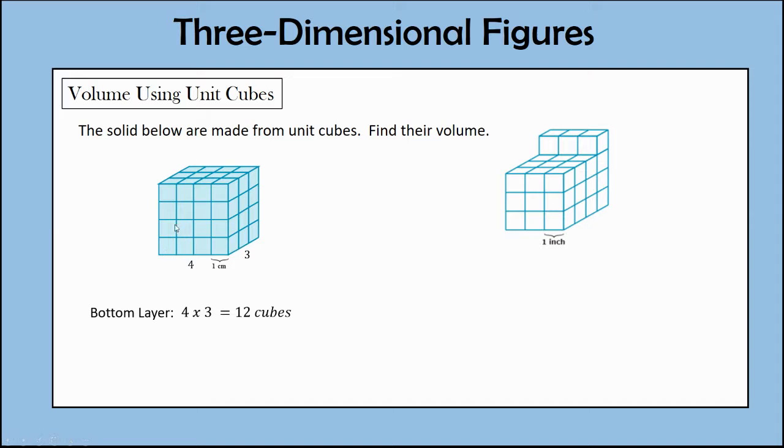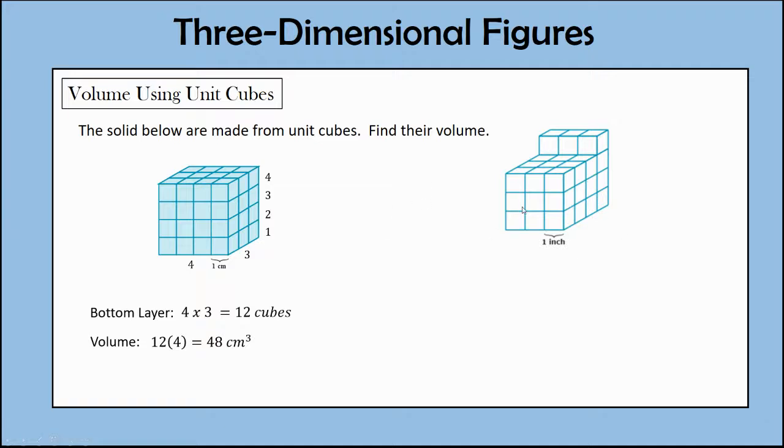Because it maintains its shape the whole way up. So we got 4 layers of 12 cubes each. So we have a volume of 48 cubic centimeters. That is 48 cubes, each 1 centimeter by 1 centimeter by 1 centimeter, stacked up right here.